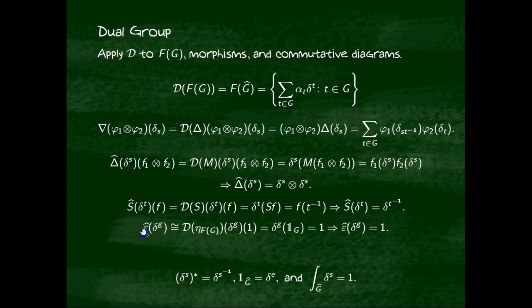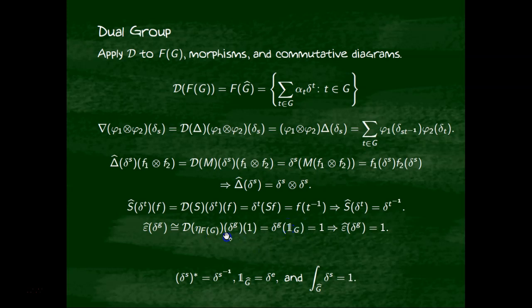The co-unit here is a bit simpler. The co-unit in this algebra of functions on the finite quantum group, that is the dual group, is the dual of the unit map. So apply the unit map to 1.